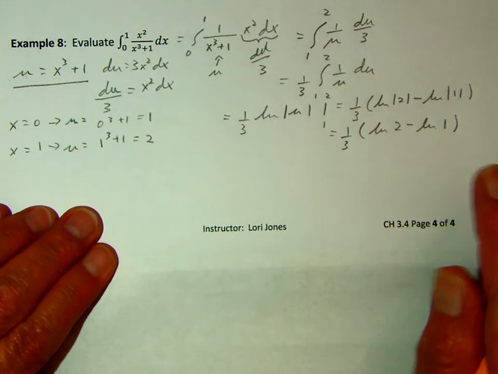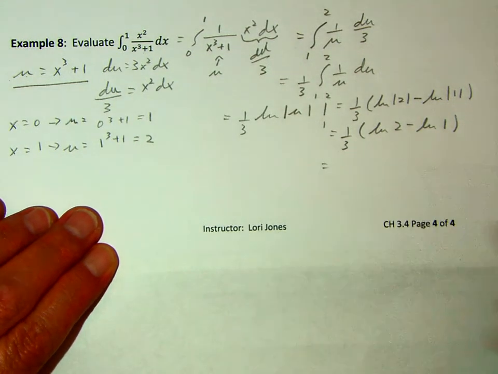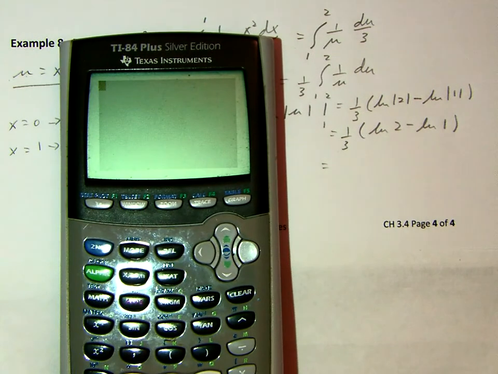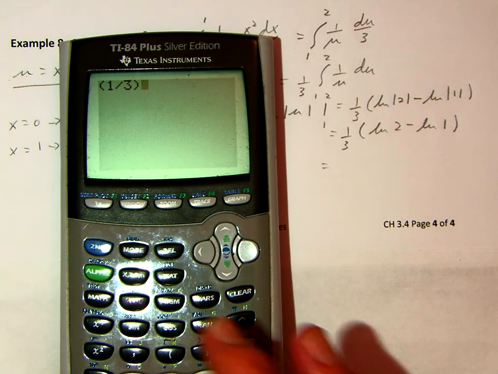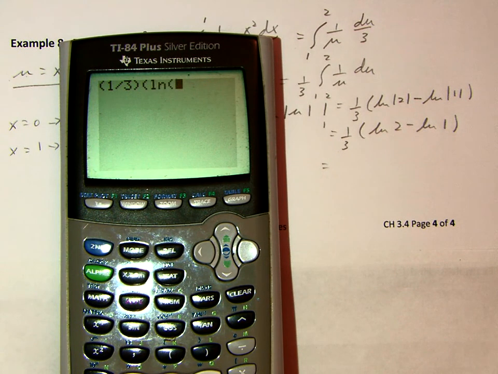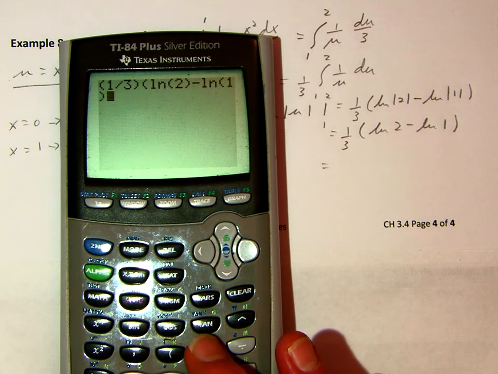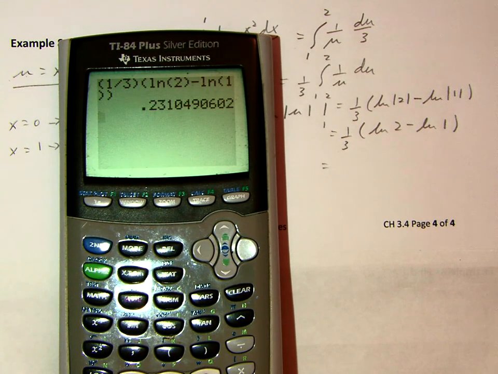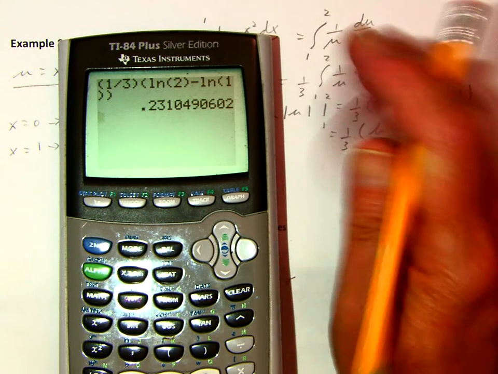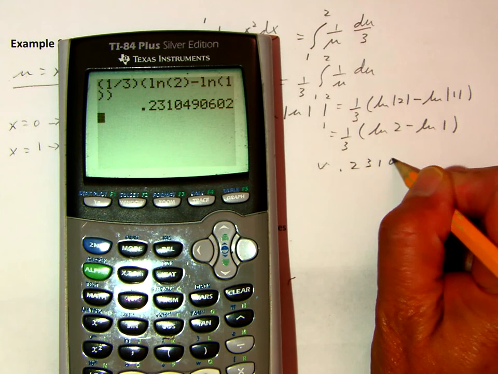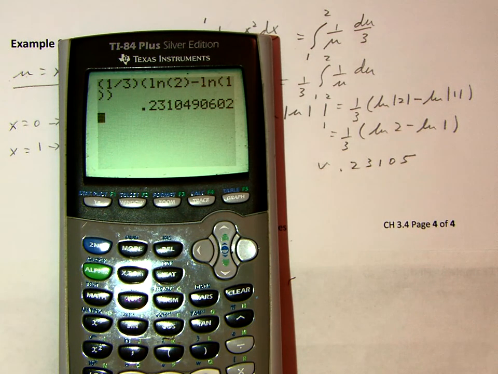And now we're just going to put that in the calculator, and that would give us 1/3 times the natural log of 2 minus the natural log of 1. And there we are. So approximately... and if you have homework problems with natural logs, make sure you look at how many decimal places they want you to go.